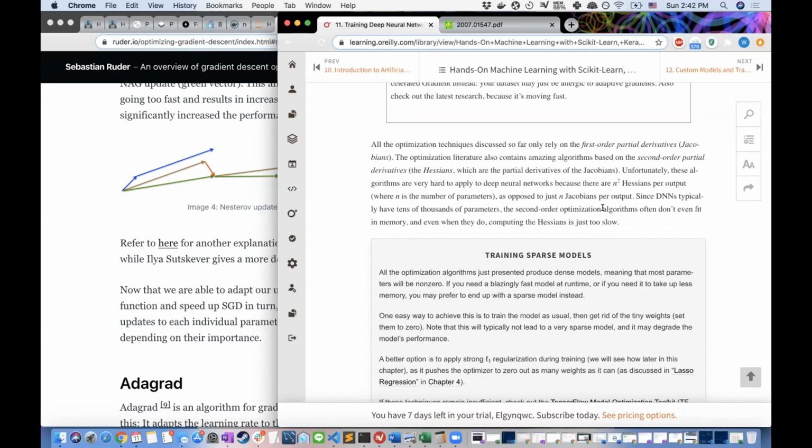So it's really n squared. There are four terms. Even though the thing is symmetric, the partial with respect to x and y is the same as the partial derivative with respect to y and x, so there's a little bit of symmetry that reduces it, but it really is on the order of n squared.